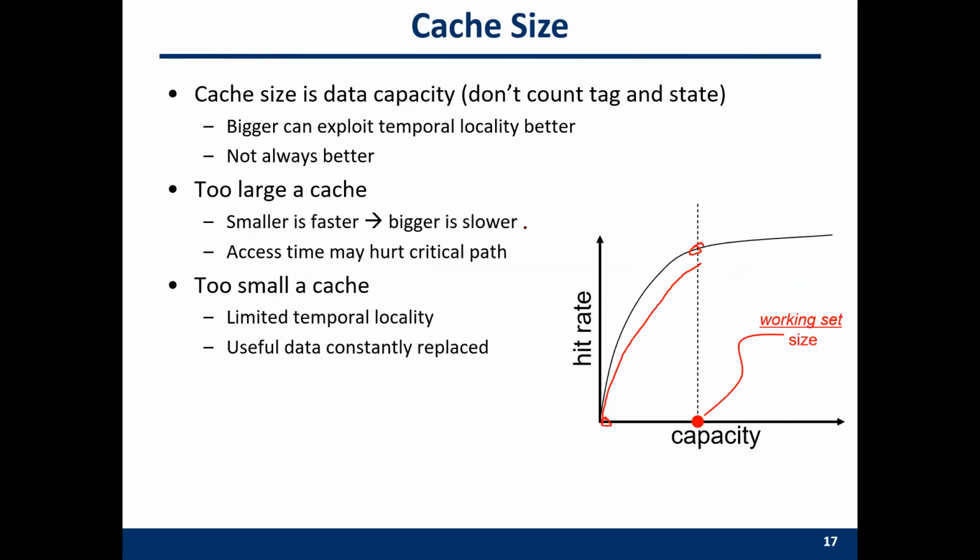This is another trade-off. So a larger cache doesn't represent better performance. You do not like a too small cache or a too large cache. You prefer a medium-sized cache, which is the sweet point of the trade-off.